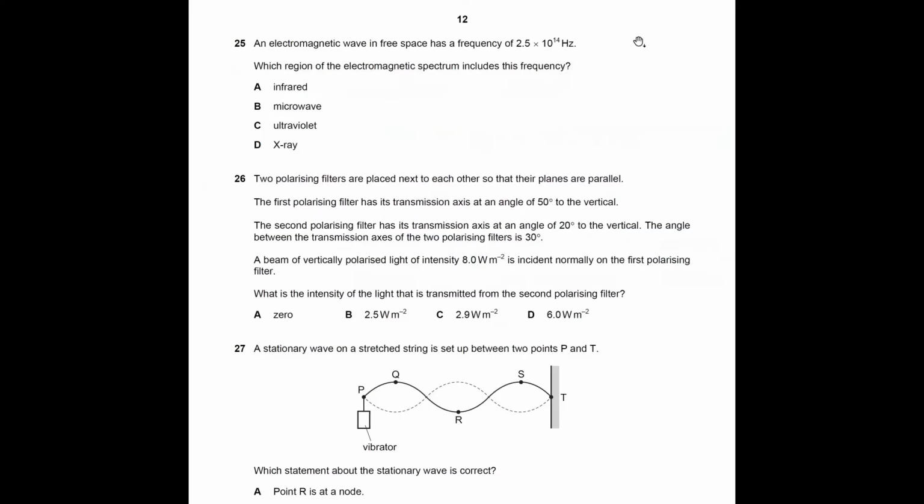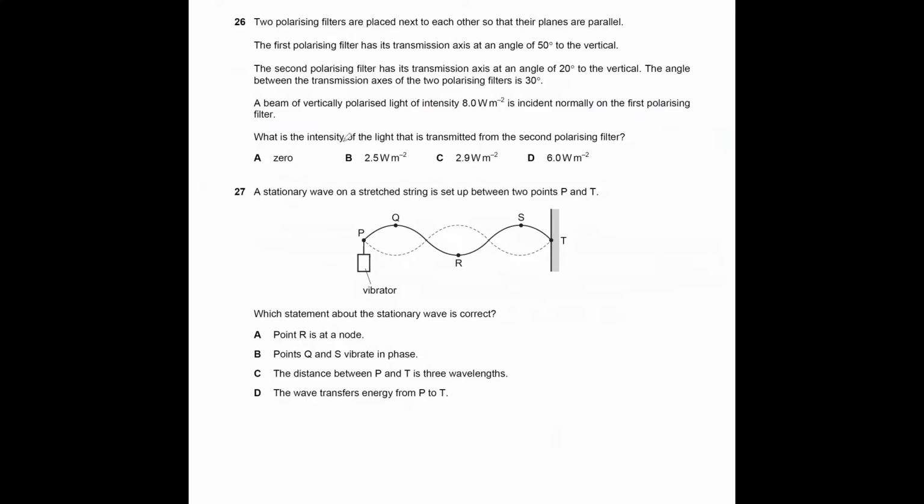Now in question 27, a stationary wave is on a stretched string set up between 2 points P and T here. Which statement about the stationary wave is correct? If you look at statement A, point R is at the node, this one is wrong. This one is supposed to be an anti-node.